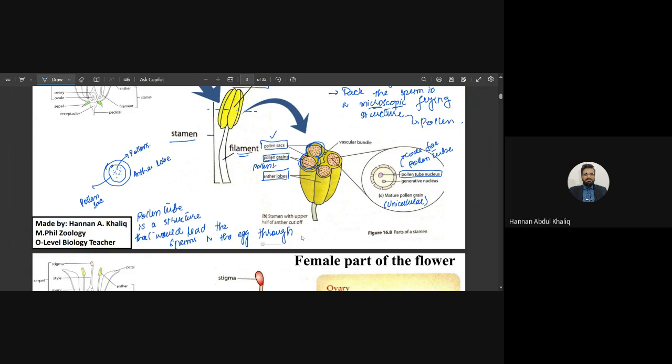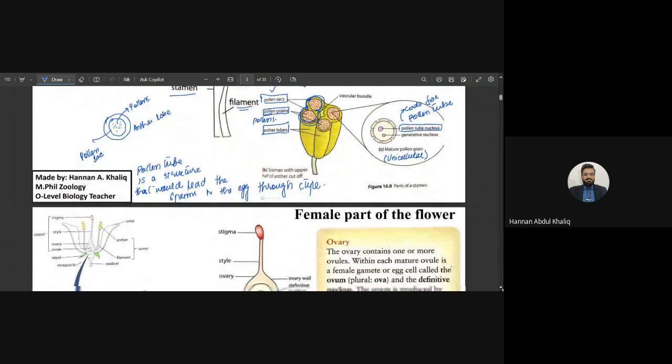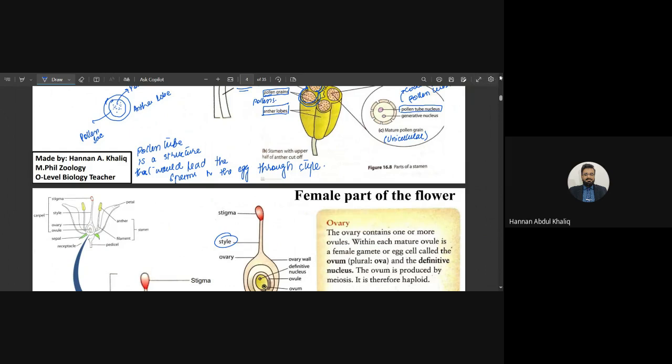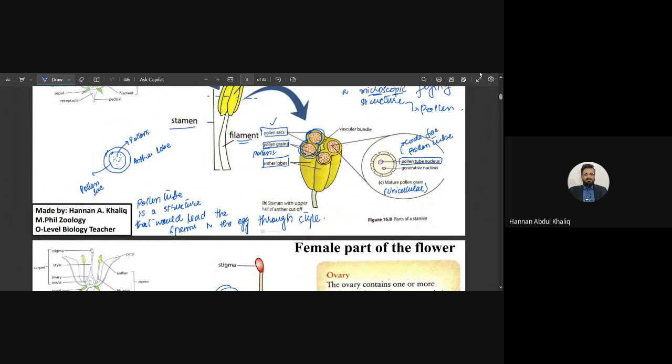The style is the part of the female reproductive part of the plant. If you see, this is the style.